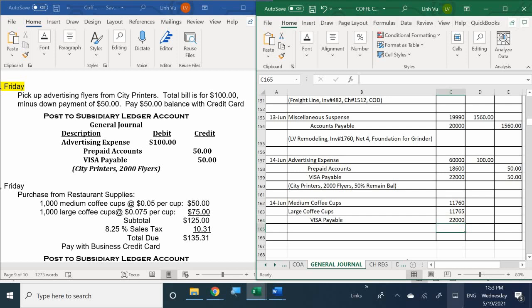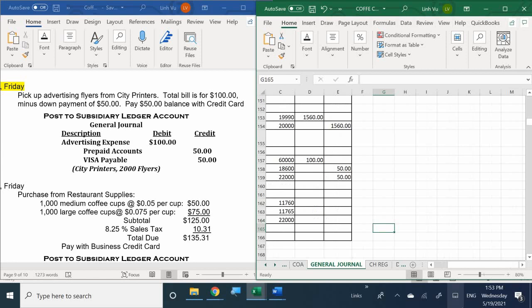We know the grand total must be 135.31. The total of just the cups itself is $125. However, we need to divide the $10.31 for our tax. If you want, go to the side of your journal and compute this. The total for my medium cups was $50, while the total for my large cups was $75, and we know the tax rate is 0.825, which I listed on the form itself.